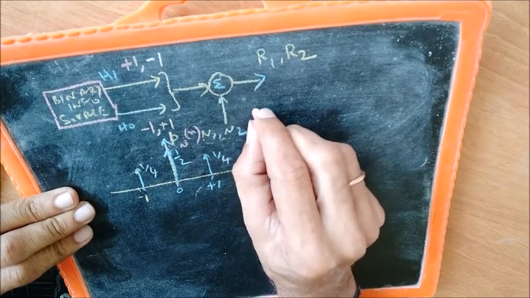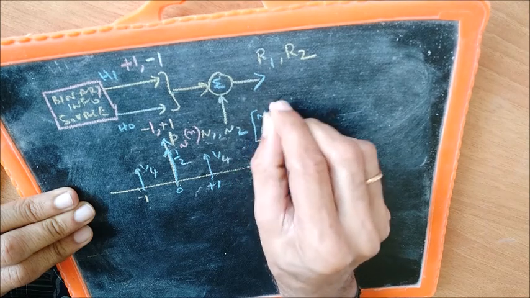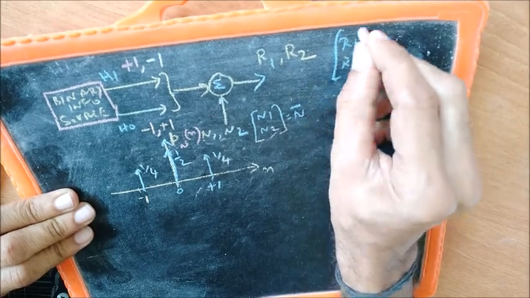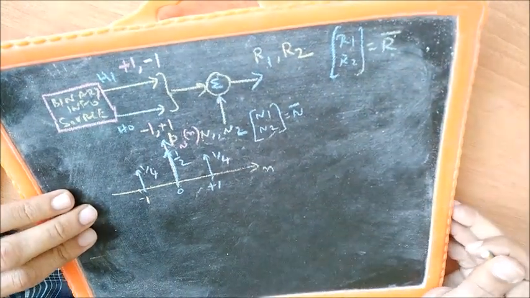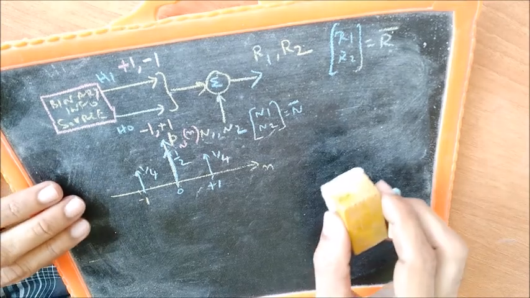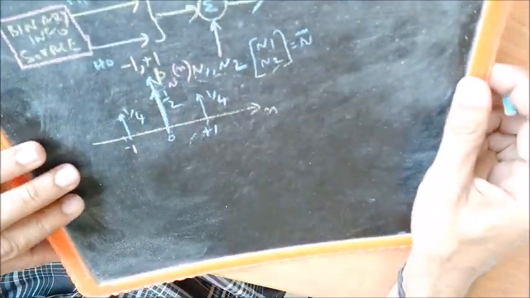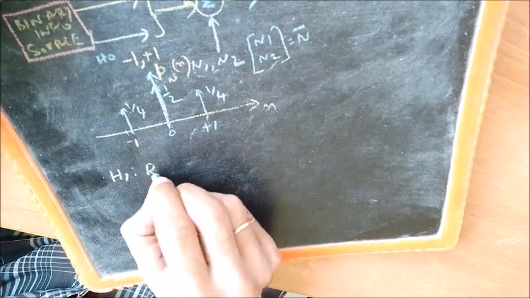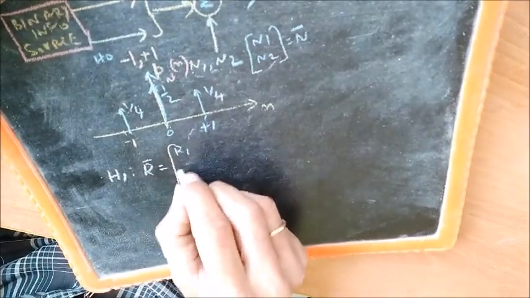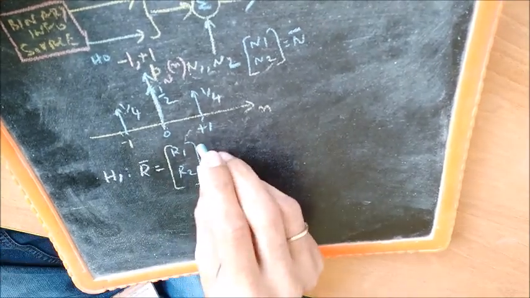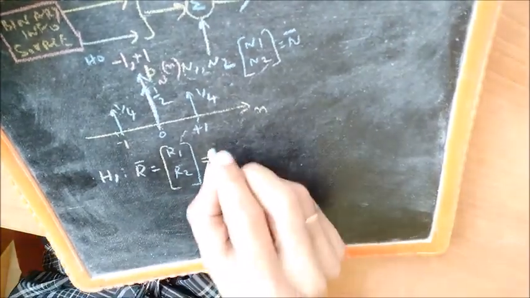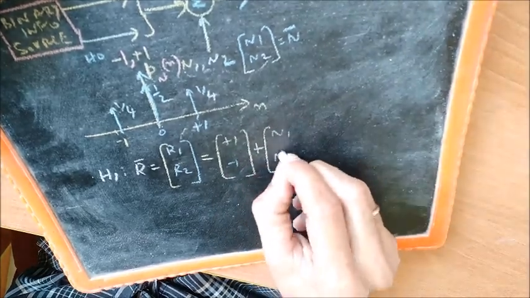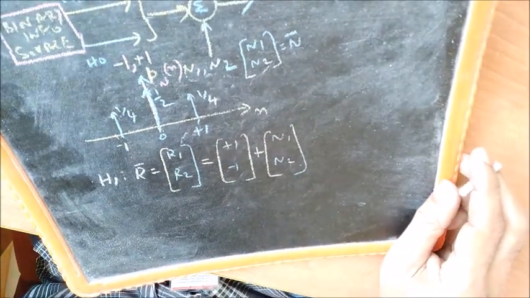The noise which gets added can also be expressed as a vector, n1, n2, with 2 elements in it, and what is received is now a vector R. When H1 is the hypothesis, the received vector R1, R2 will be equal to plus 1, minus 1, plus n1, n2, which is quite obvious.